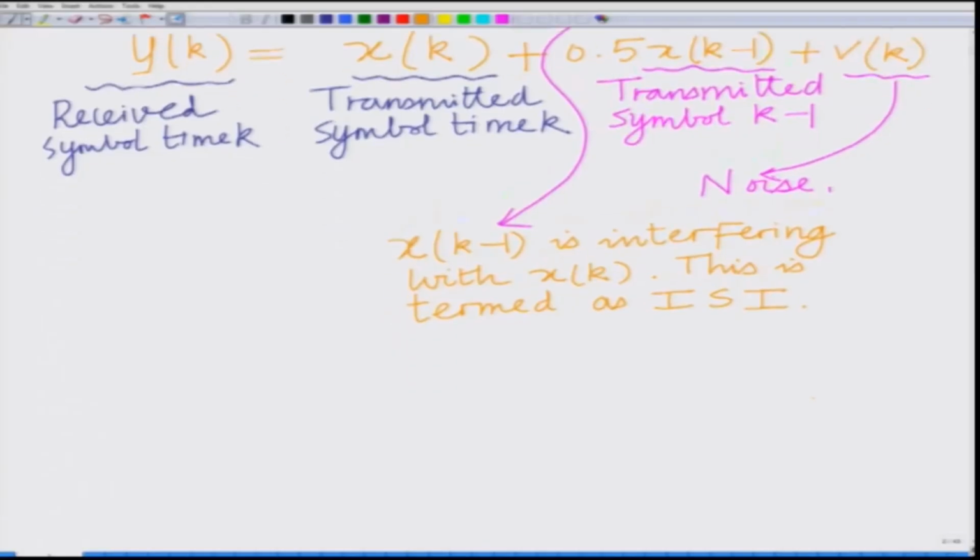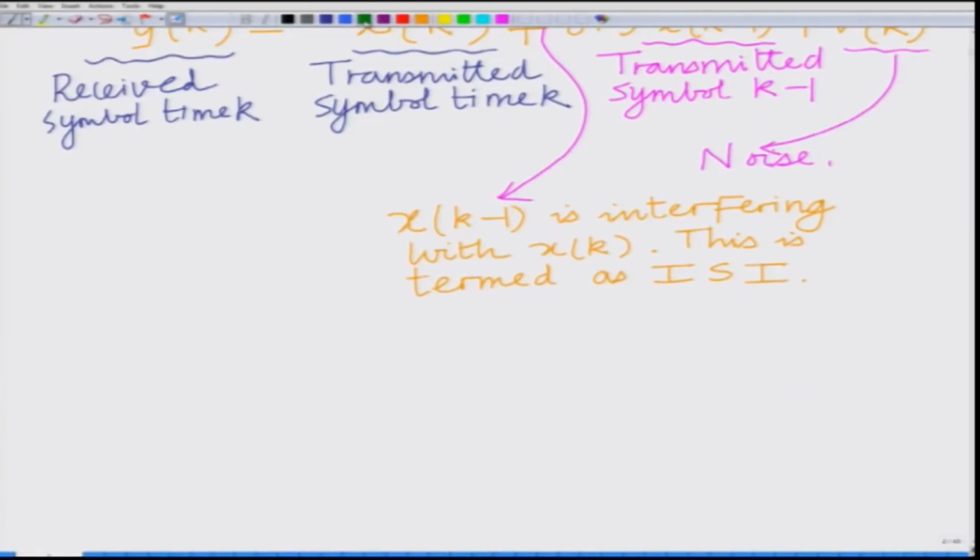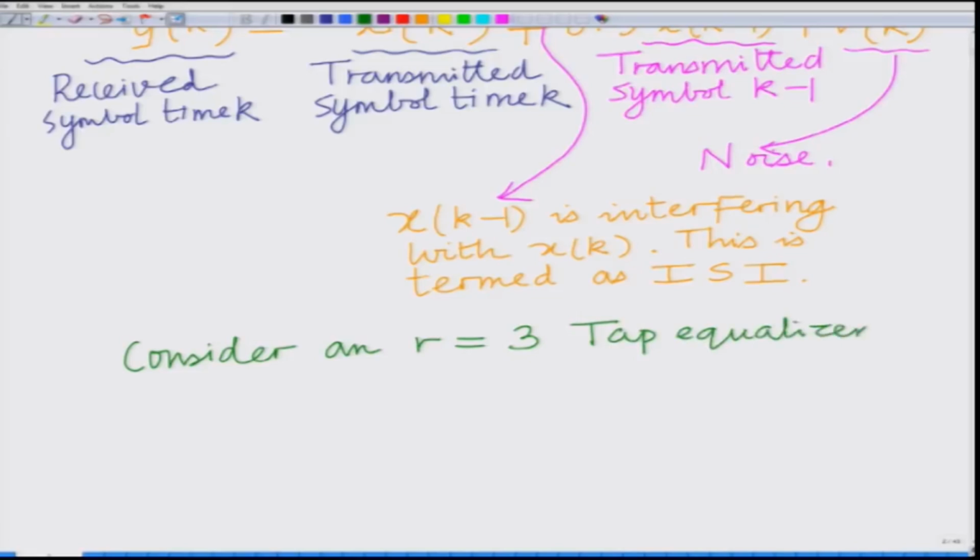Now consider an R equal to 3 tap equalizer again, based on the received samples Yk plus 2, Yk plus 1 and Yk.